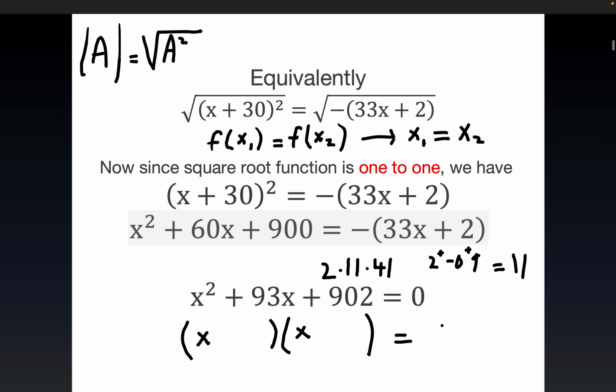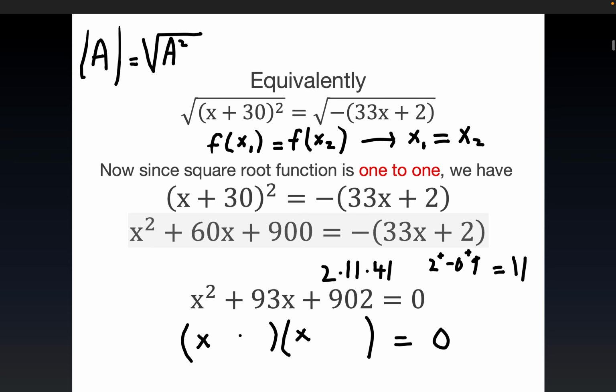You see, it's right in our face. You can see that x plus 11, put x plus 11 right here. Now what's left up here, if you put 11 right here, 2 times 41 is 82.